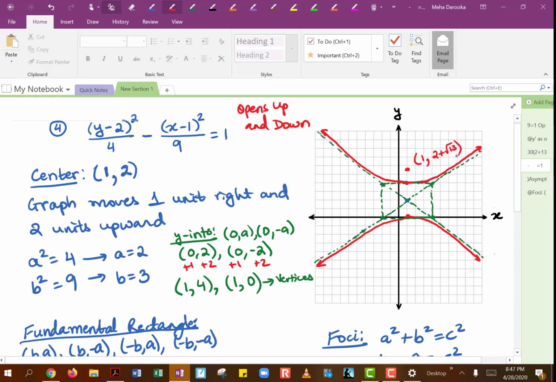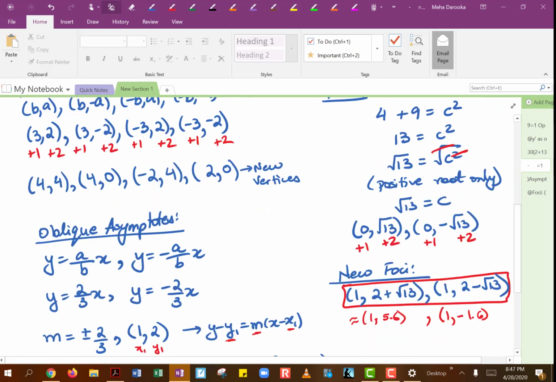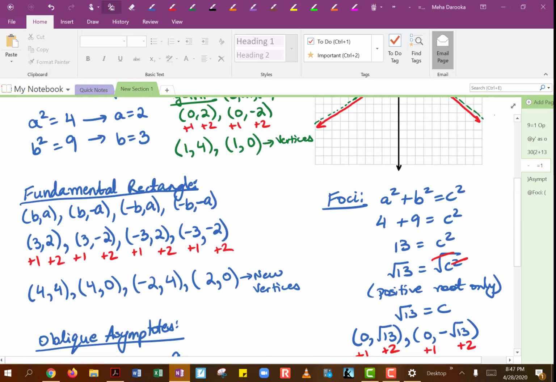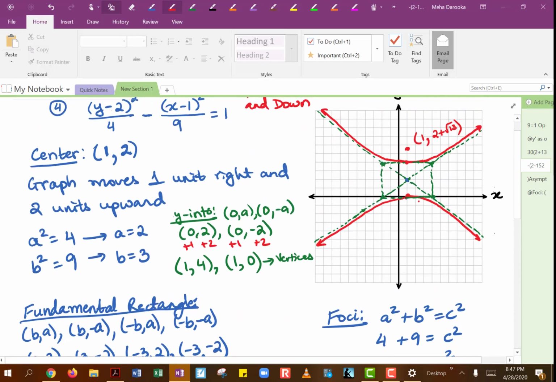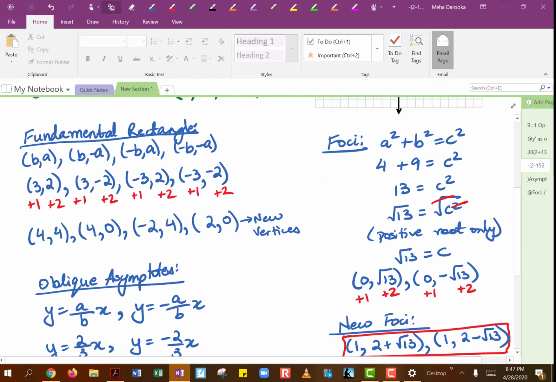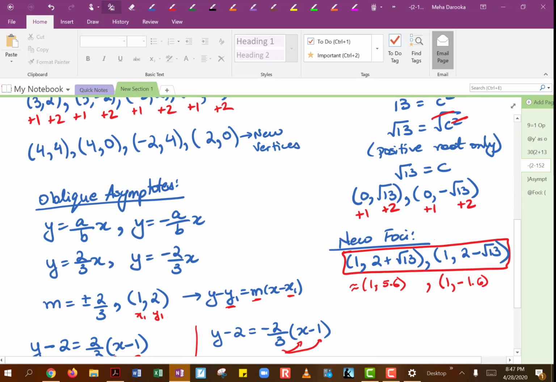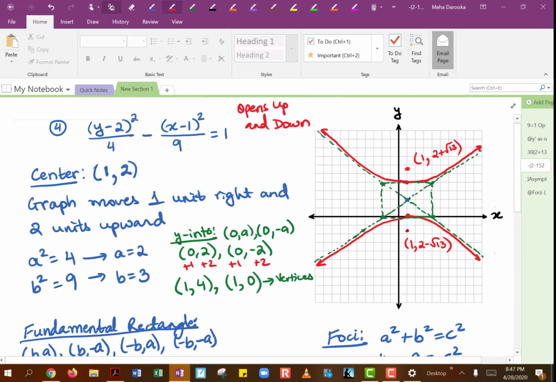And then for the other one, we were at negative 1.6. So that's 1 and negative 1.6, somewhere over here, and this would be the ordered pair 1 comma 2 minus square root of 13 for our second focus. And so this is where you would find the foci for this hyperbola.